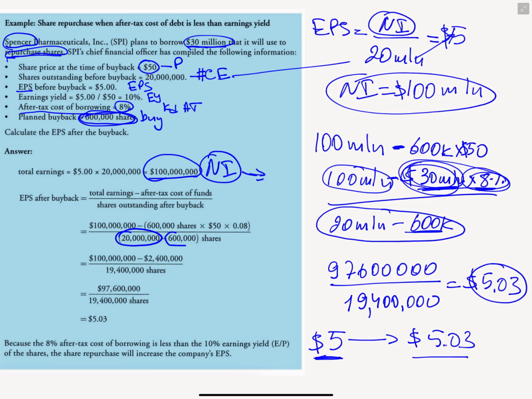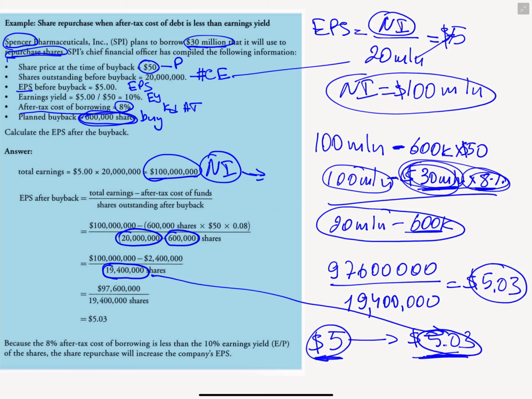Some people sell their shares, yes, but those who didn't sell have $5.03 earning per share. Before they had $5, but after this they have $5.03. They are better off. Those who remained with the company became better off because their earning per share has risen.